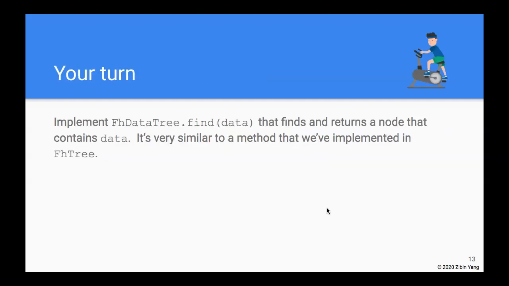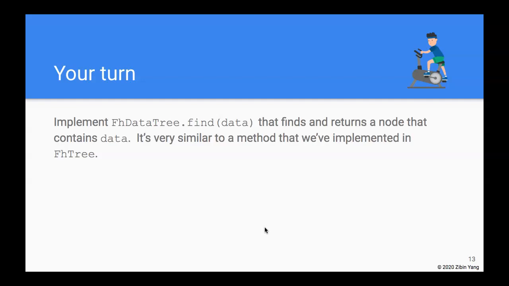So in fact, I would like to invite you to implement the find data method that will find and return a node in the tree that contains the given data. Now, it is not out of the realm of possibilities at this point, because it is actually very similar to a method that we've already implemented for FhDataTree. So here is your chance to give it a try yourself if you like.